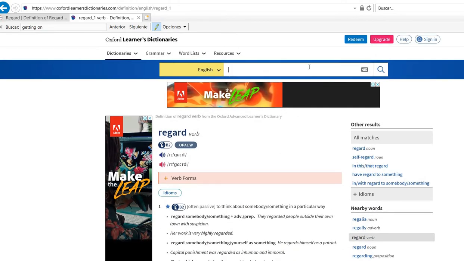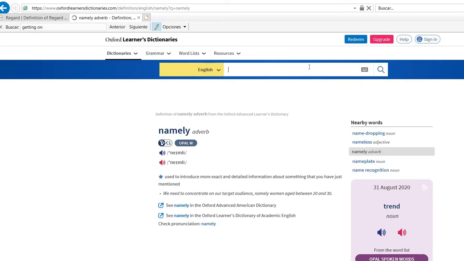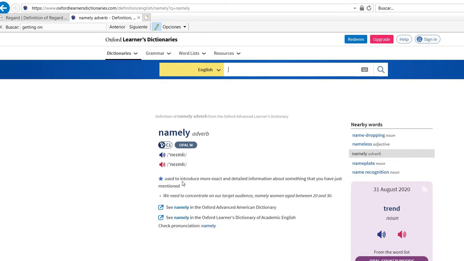And I want to focus on namely, which is not mainly, right? When you say namely, what you mean is when you introduce more exact and detailed information, es decir, no es principalmente, right? Namely, this means that this is what I'm talking about, right?